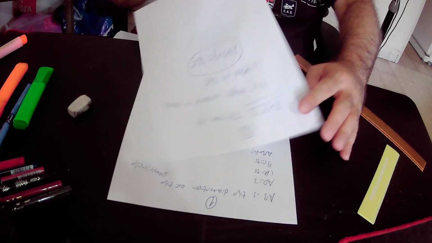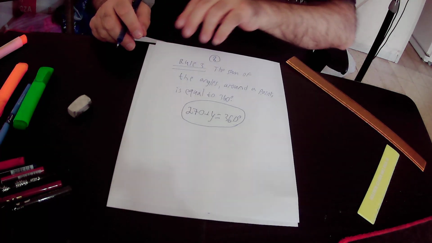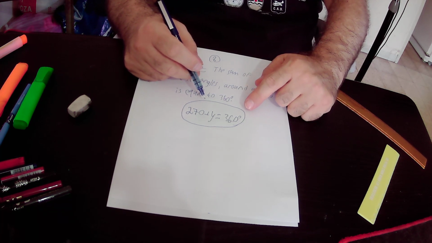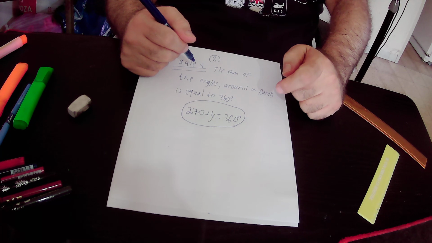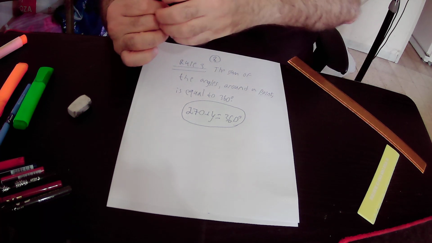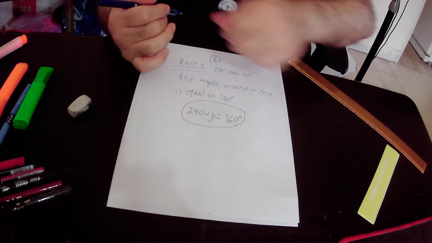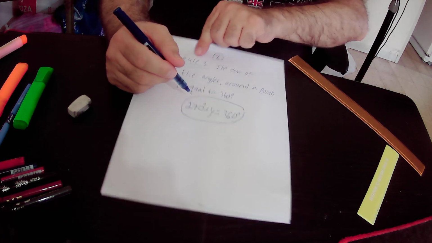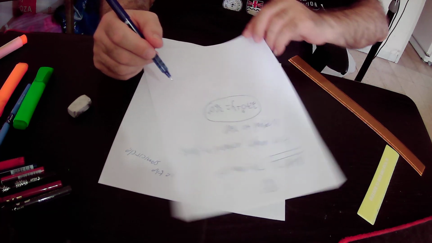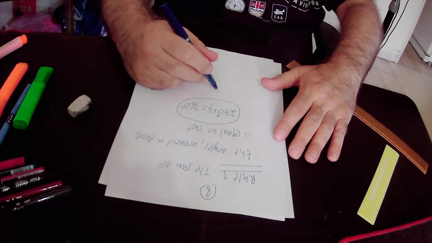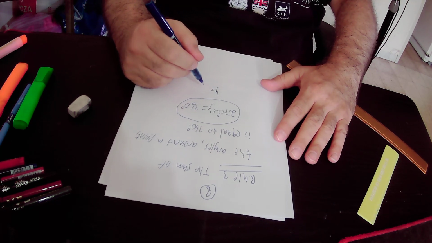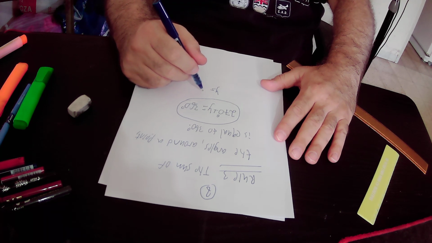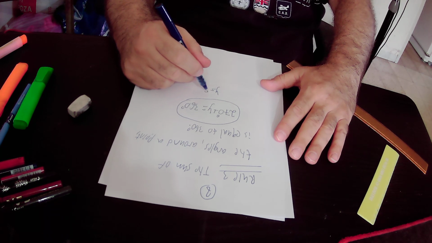So here we got the equality that states that the sum of the angles around point E is equal to 360 degrees according to rule number 3, and from this equality we can subtract 270 degrees and we will get the value of y. Angle y will be equal to 360 degrees minus 270 degrees, which is 90 degrees.